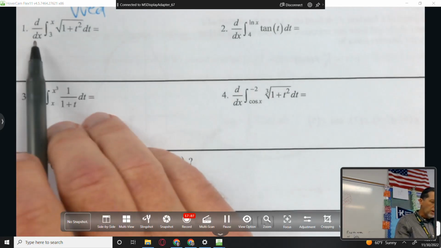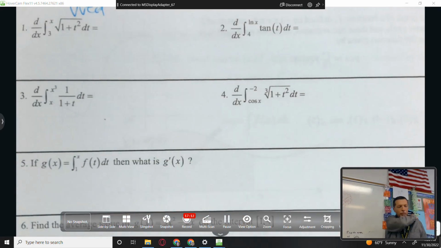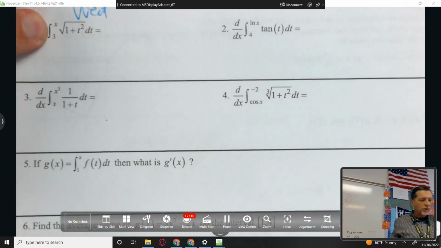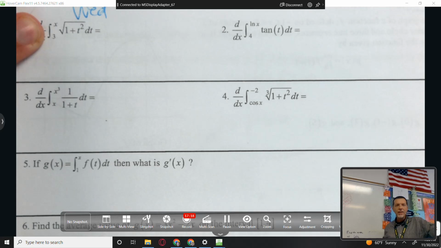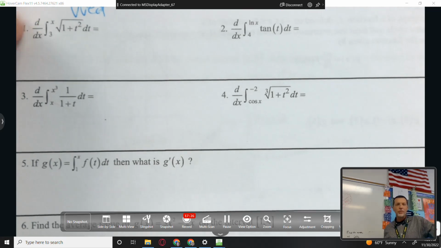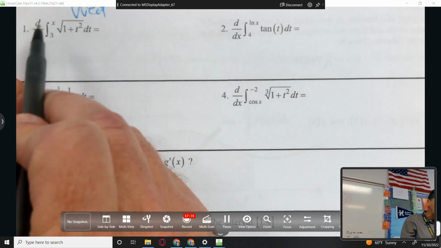So number 1, and the trick is, if you forget to look big picture at what's going on, then you end up trying to work from the inside and think, okay, let me take the antiderivative of the square root of 1 plus t squared. And you're like, I don't know how to do that. Well, they don't want you to do that. They want you to see big picture. What's going on is the derivative of the integral.